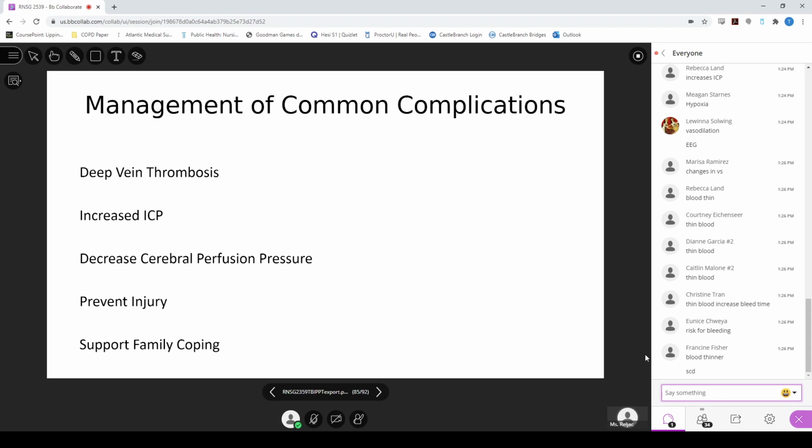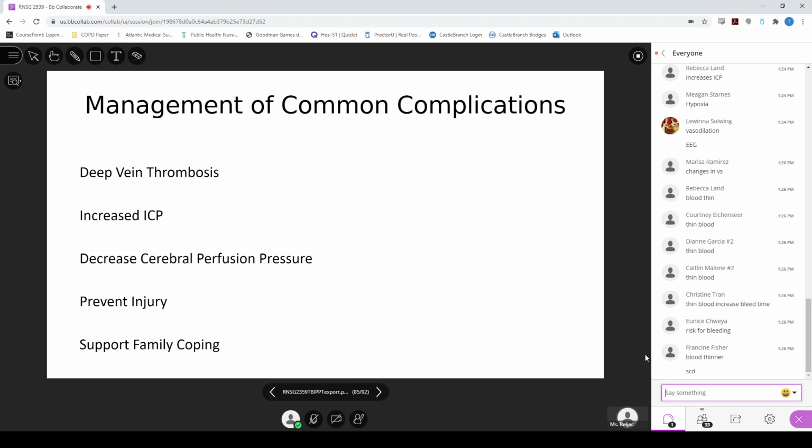Maintain a fluid balance with normal saline solution, and avoid any type of noxious stimuli. So avoid painful procedures during the time they have increased ICP as much as possible. Avoid aggressive suctioning. Pre-medicate with sedation if you need to. Sedation also helps to reduce agitation.